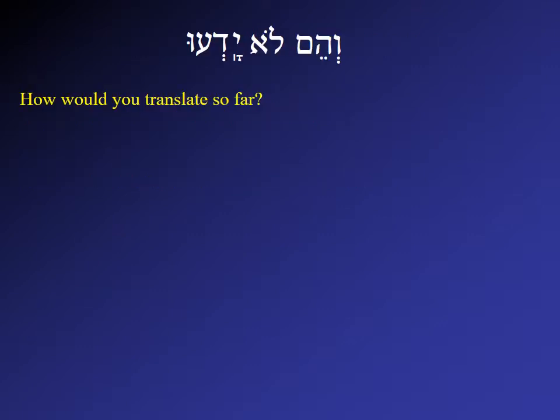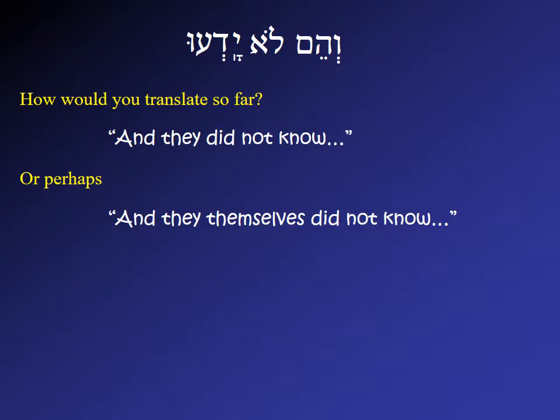Okay, so if we return to our phrase so far, Vahem lo yad'u, and they did not know, or if you wanted to be emphatic, and they themselves did not know. One could say this without the independent personal pronoun. Lo yad'u by itself means they did not know. Vahem lo yad'u is emphasizing the subject of the verb, so they themselves did not know.